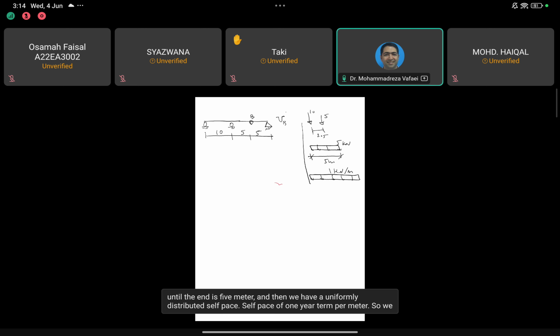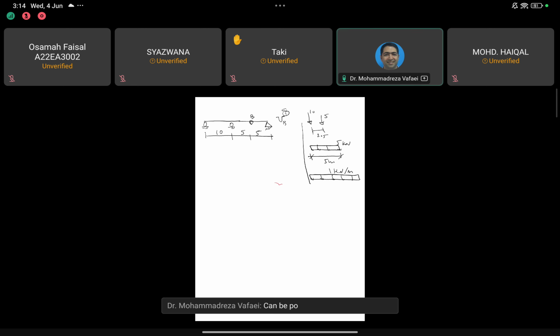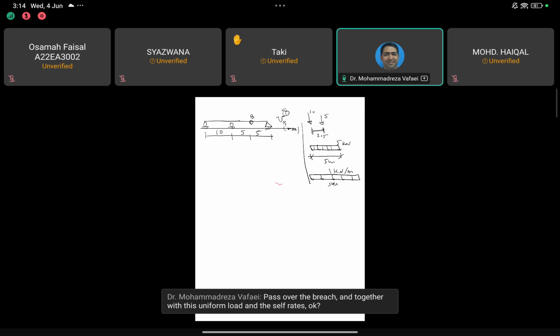So we want to know, again, this VB that we don't know can be positive or negative. How much is the maximum of this shear force if these point loads pass over the bridge together with this uniform load and this self-weight? So this is what we want to do.